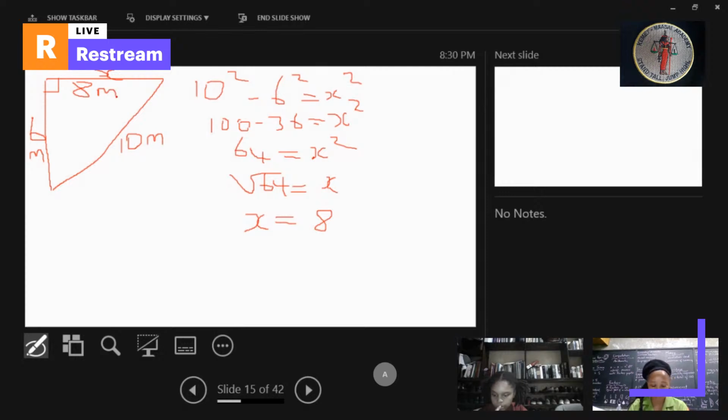And miss, after that, am I supposed to use all three formulas in one? No, no. We're doing half base times height right now. Okay, miss. So we will do half base times the height, and the base is 8, and the height is 6.